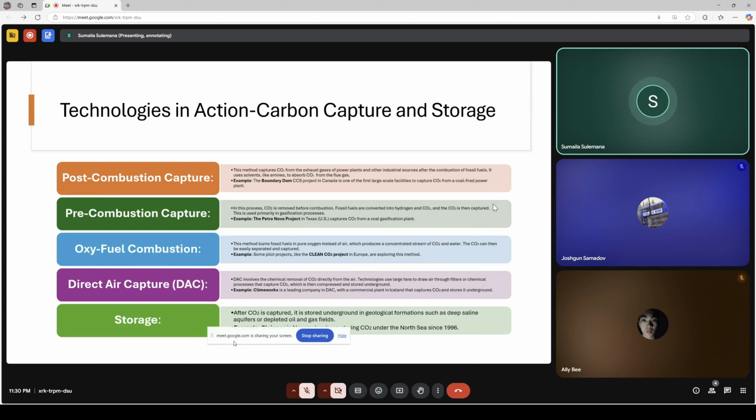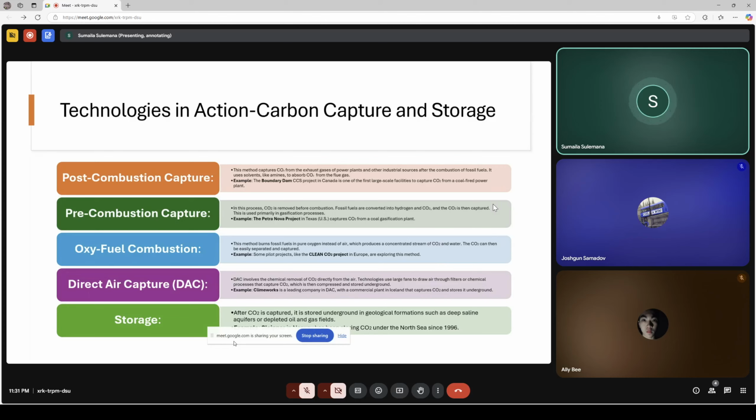Direct air capture, which I've mentioned previously, is another CDR and CCS tech we are looking at, and that one involves chemical removal of CO2 directly from the atmosphere.